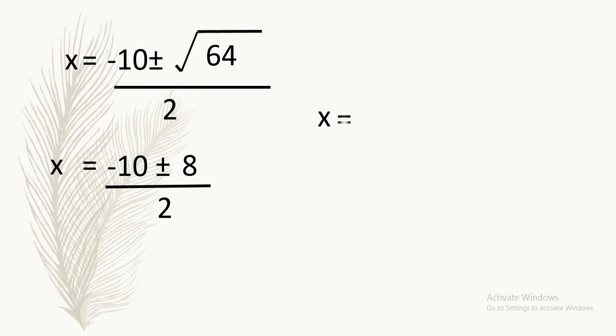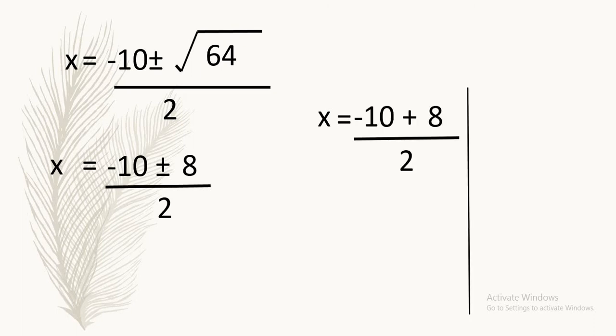So we have negative 10 plus 8 all over 2 and negative 10 minus 8 all over 2. With this, we are expecting two real solutions or roots.